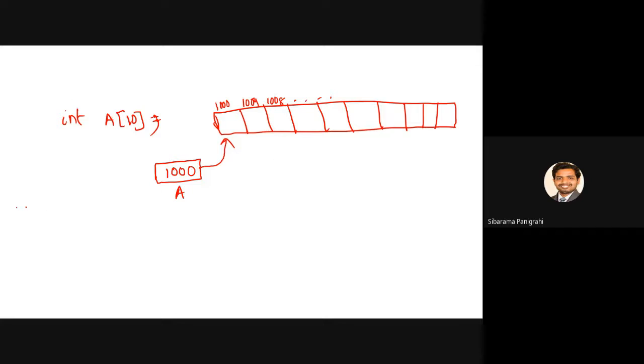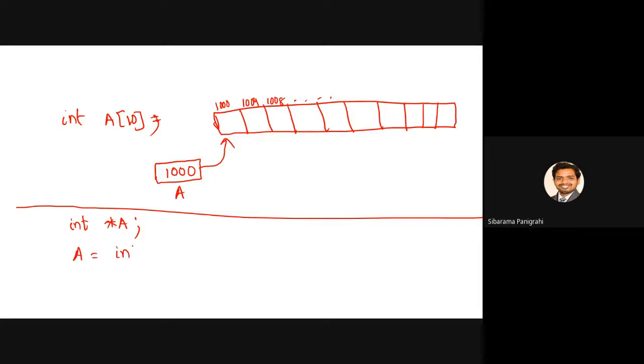So in dynamic allocation what will we do? In dynamic allocation we will just declare a pointer, integer pointer a. Right? Next, a equal to integer pointer, we will convert the void pointer into an integer pointer, then malloc. How many bytes do you want to occupy? 10 into size of integer. So 10 into size of integer means 40.